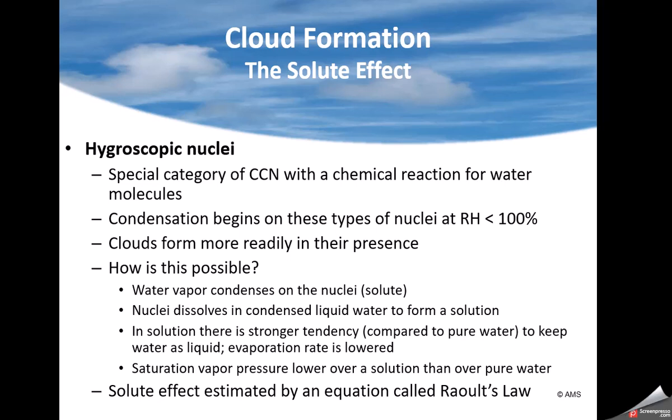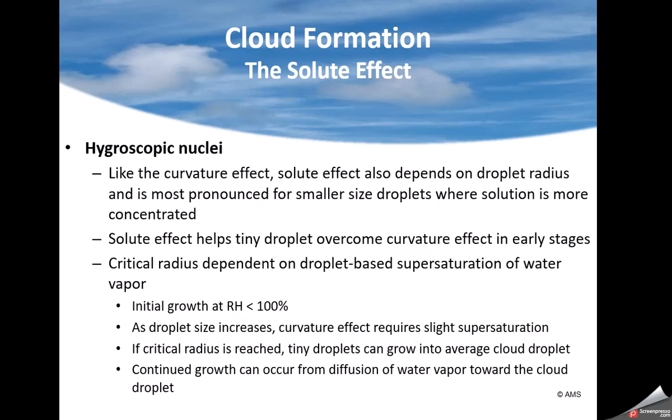So you have the curvature effect trying to prevent clouds from forming, and the solute effect which keeps the clouds there. These hygroscopic nuclei can be very, very tiny. And it's interesting that over the plains, there's more dust and soil, and close to the oceans, more salt.